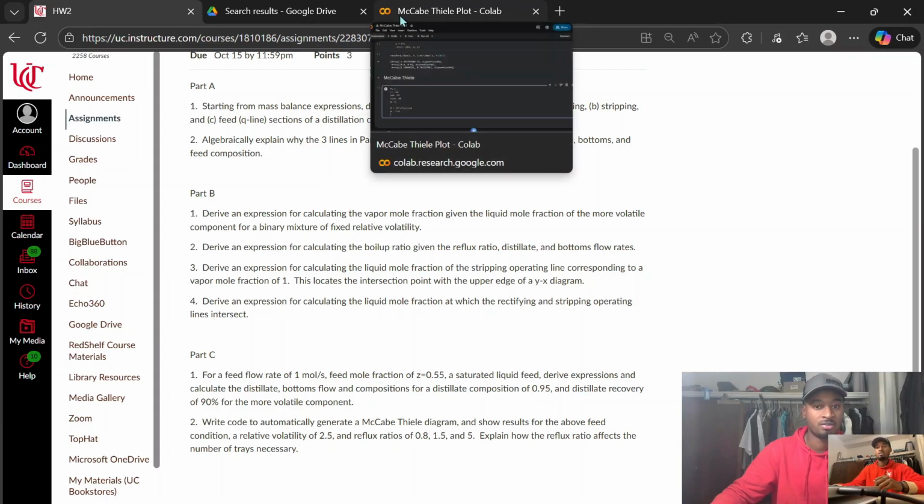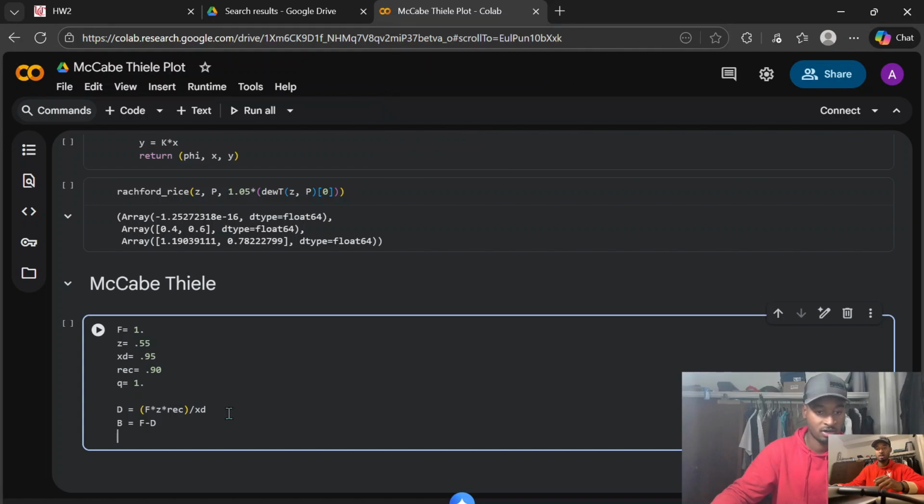To do that, we can do something similar to what we did up here and say that the bottoms flow rate times its bottoms composition is equal to that inlet flow rate times our composition times 1 minus our recovery, because we know that of the more volatile component, 90% is being recovered in the distillate and the remaining 10% is left in the bottoms, because we're dealing with a binary mixture.